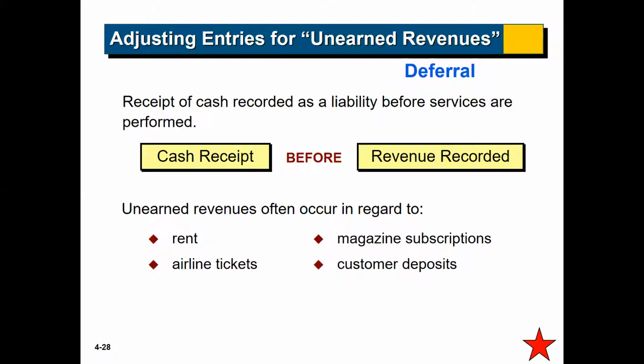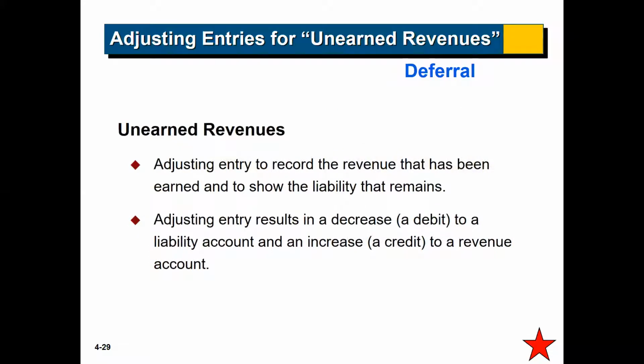All right, so the adjusting entry for these, you're going to debit a liability account called unearned revenue. You're going to credit the revenue account. And we only have service revenue right now. Okay.